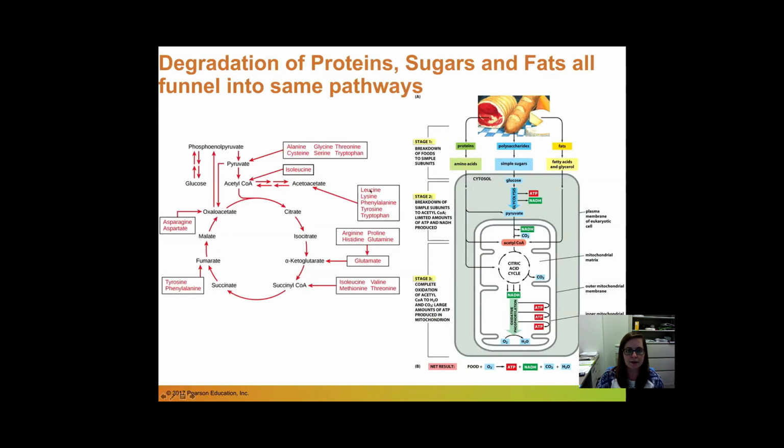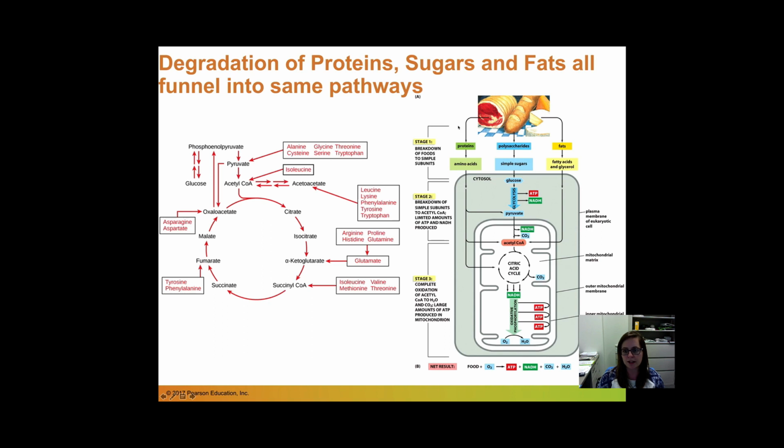So again, we're talking about the oxidation of glucose, but other metabolites can enter the cycle here, particularly proteins. And so here we can have proteins, amino acids enter in and be converted into acetyl-CoA to enter into the cycle.